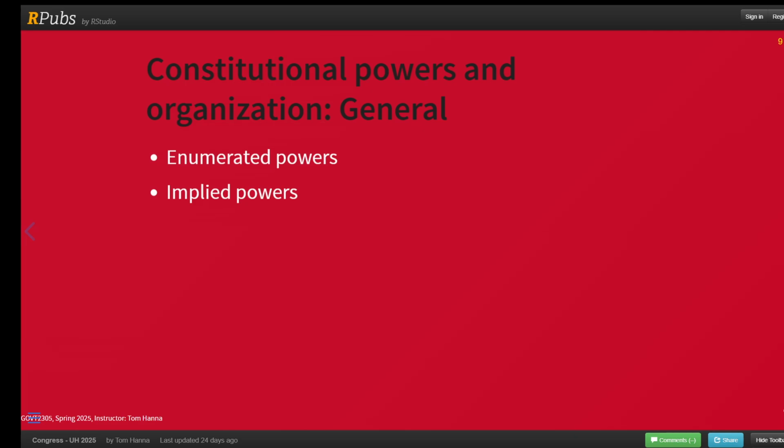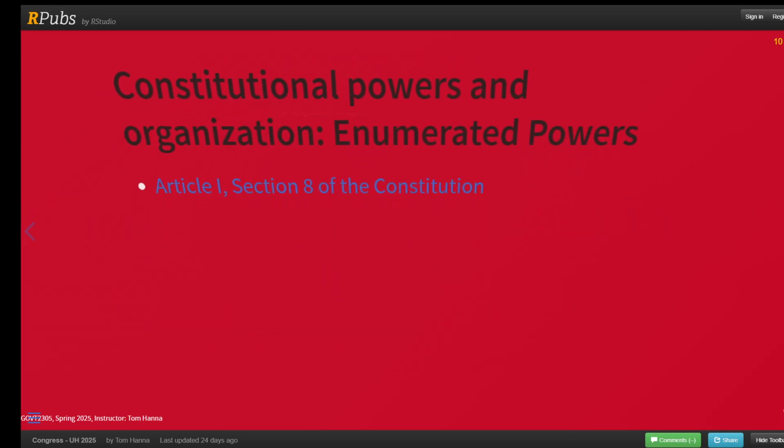They're not actually listed in the Constitution, but based on the really small list that is in the Constitution, we can kind of assume that they're part of it. There are some good examples of implied powers that make a lot of sense, and then there are some examples of implied powers that really don't make much sense. So I'll give you some examples of each.